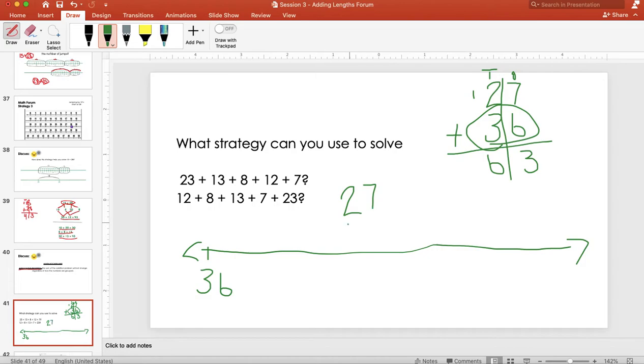Okay, so this shows that I have 2 10s and 7 1s. So I can add either 20 right away or I can add 2 10s. I'm going to add 20 right away because I think multiples of 10 are pretty easy to add. So I'm going to add plus 20. So I know 36 plus 20 is 56. Then I would add 7.